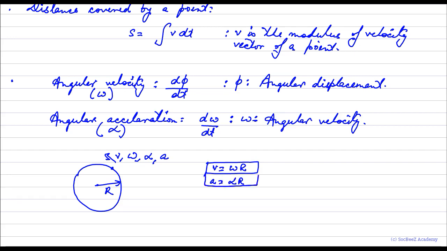So this is my second relation. This is basically my tangential acceleration. The normal acceleration would be given by v square by r or omega square into r, where I've simply replaced v by omega into r. So I got this expression.